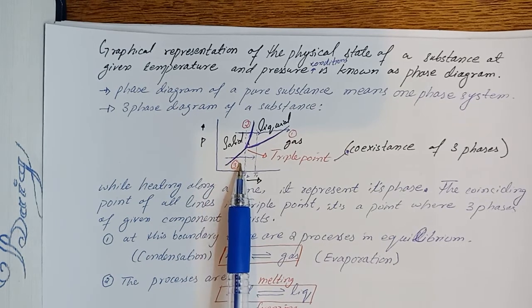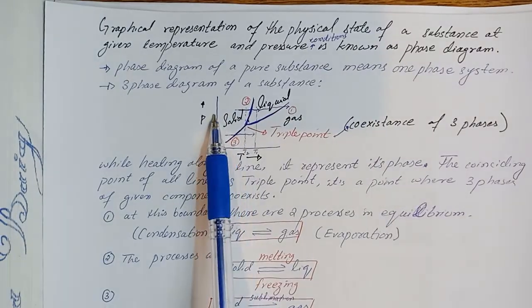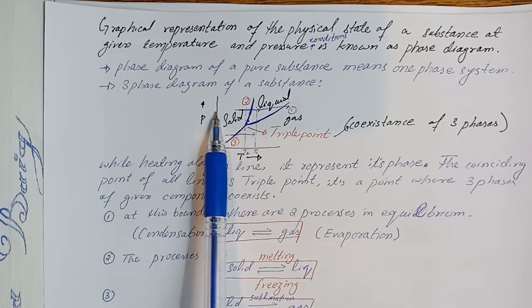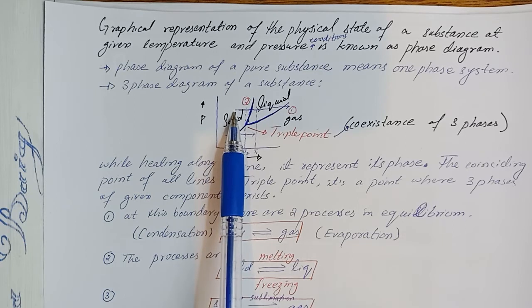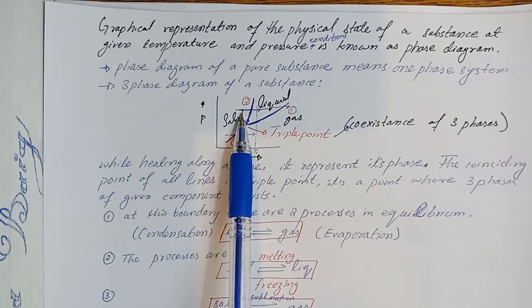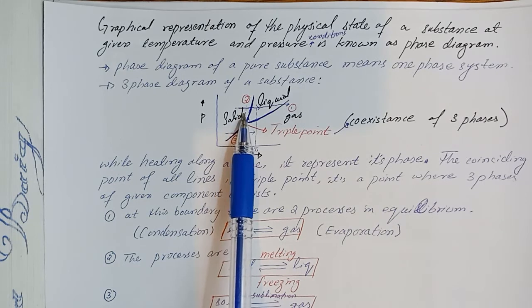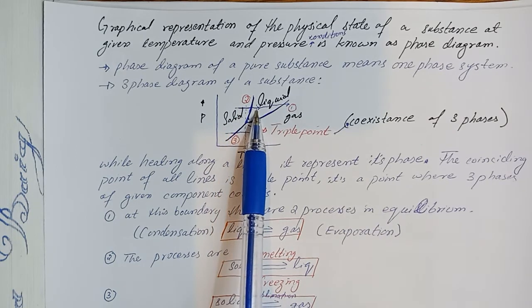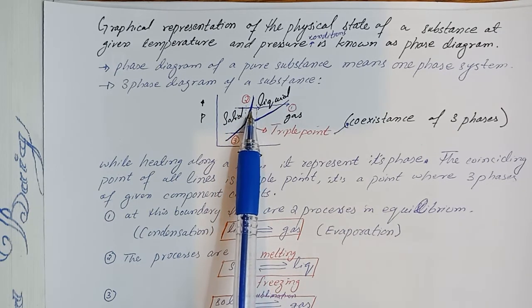Now let's keep the pressure of the substance at a constant value, and while moving from solid to liquid, we need to increase the temperature of the system. So when the temperature is increased from lower to higher temperature, there is a phase boundary between the solid and liquid. At this boundary, the solid undergoes melting.